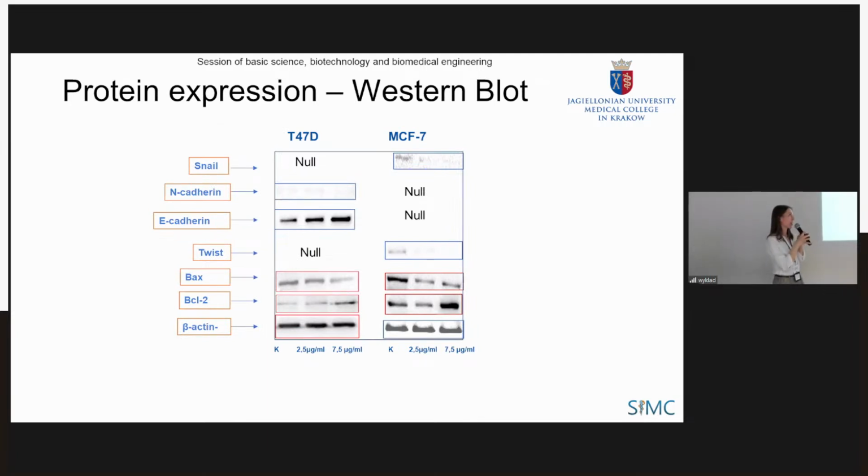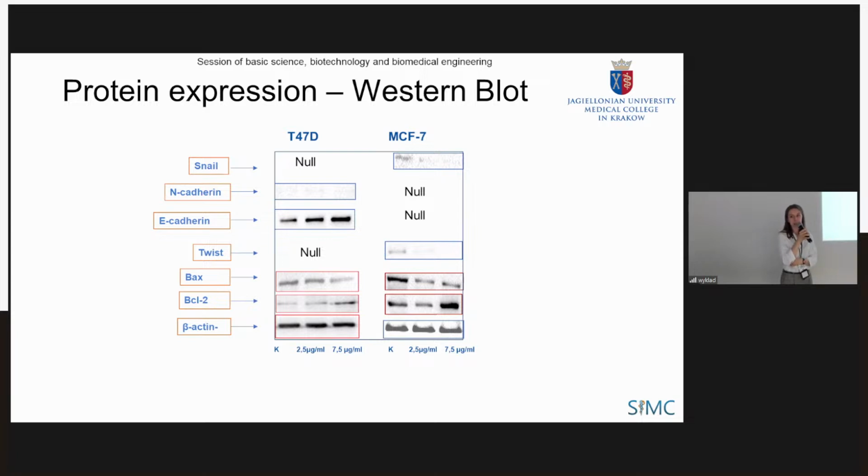Finally, we ran a Western blot trial to check for some protein expression. We ran the test for these proteins listed here. As you can see, they do slightly impact, for example, the expression of BAX in higher concentrations.